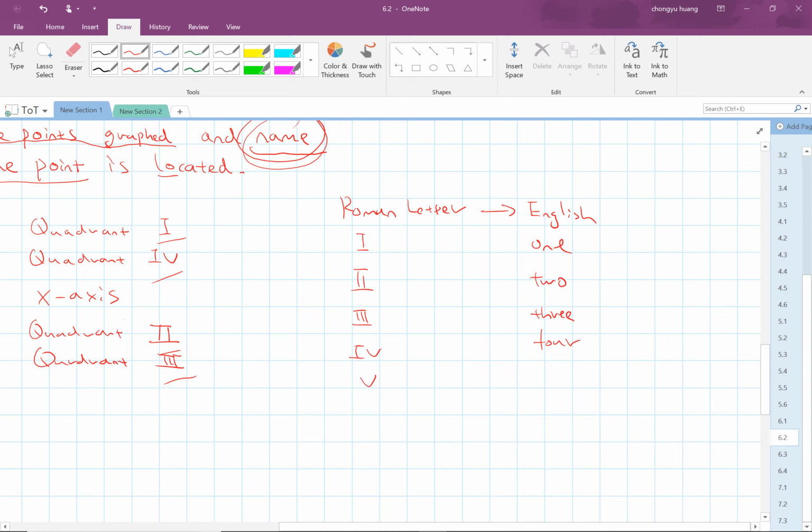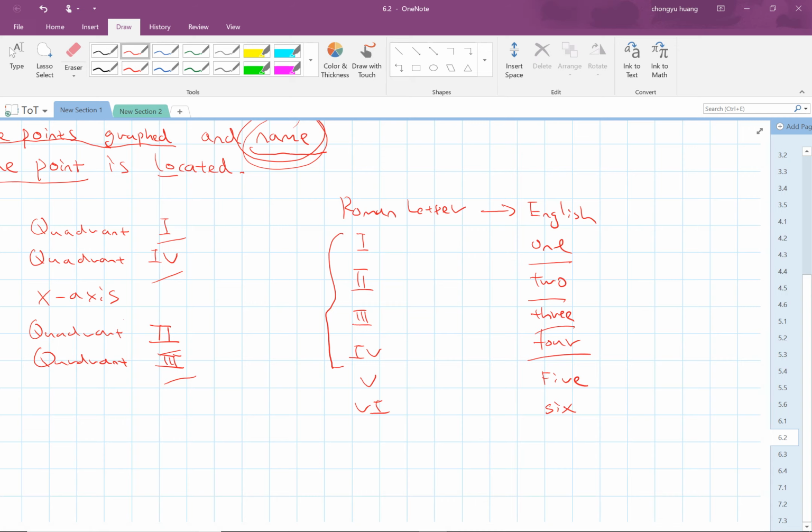V represents 5, and VI represents 6. All you have to know is the first 4 letters, which represent 1, 2, 3, 4 in English.